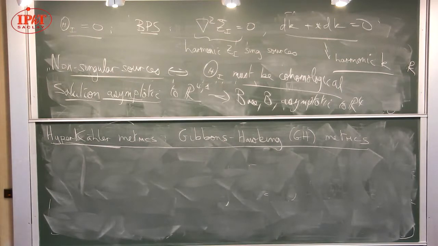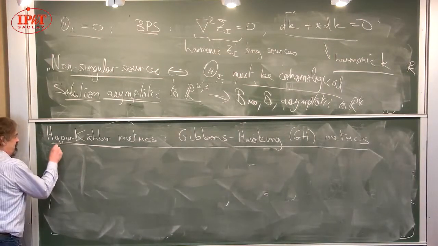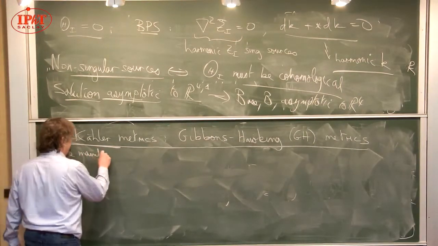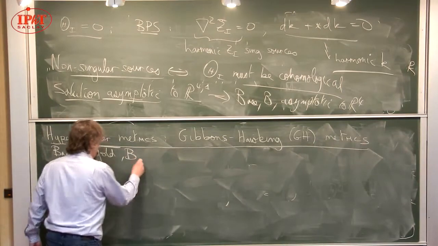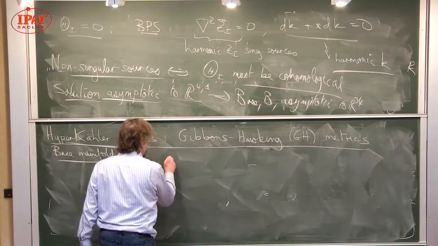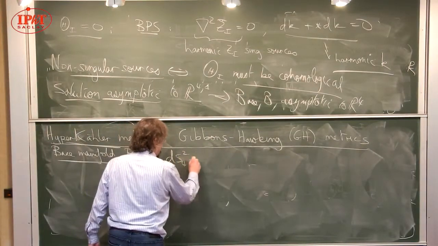Well, yes, Gibbons-Hawking metrics. So I'm going to look at them. What I'm thinking about is the base manifold that we're messing with. It's a 4-manifold, B. And I'm interested in some interesting hyperkähler geometry on it. So I'm going to just claim the following is an interesting piece of hyperkähler geometry.